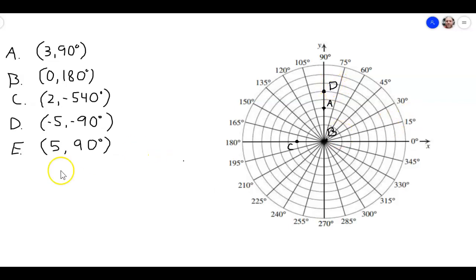All right. Now the last one here, 90 degrees and 5. So I start at 0, I go up to 90 degrees and I go 5. It is positive, so I go in that direction. 1, 2, 3, 4.